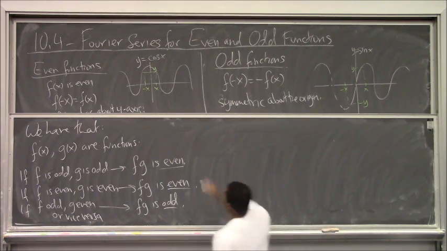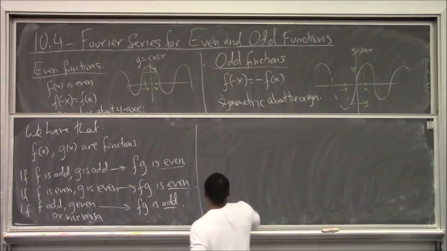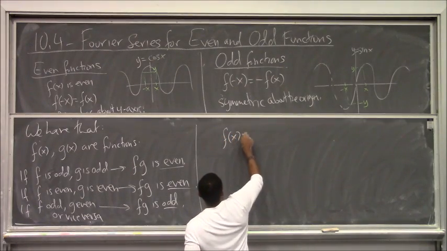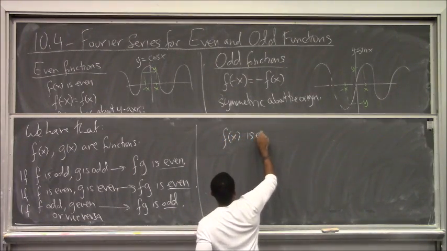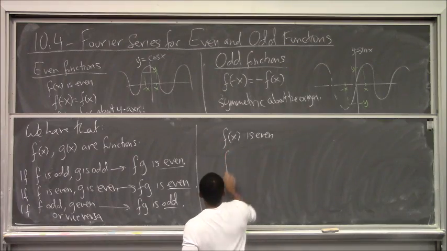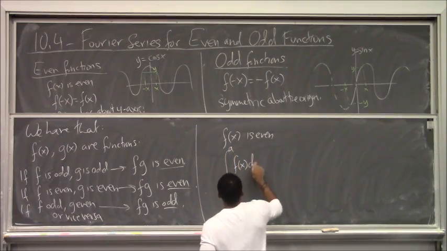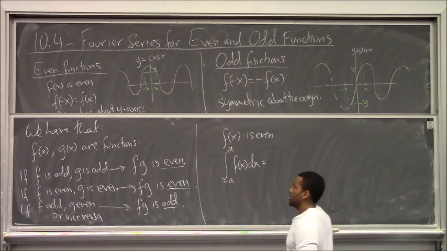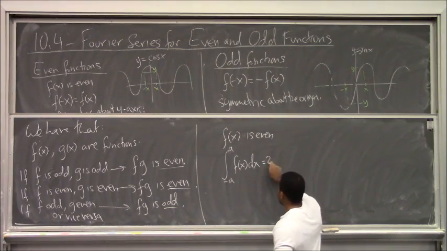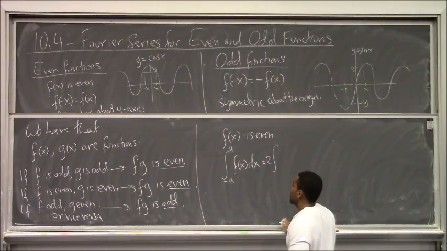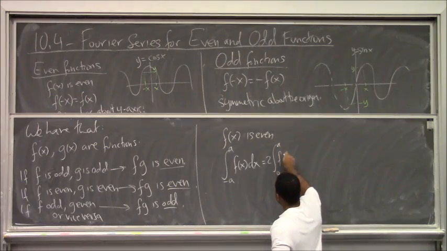Why do we care? Well, when it comes to integrals, if f is even, then if you integrate from, say, minus a to a of f of x dx, we know a shortcut. It's going to be 2 times the integral from 0 to a of f of x dx.